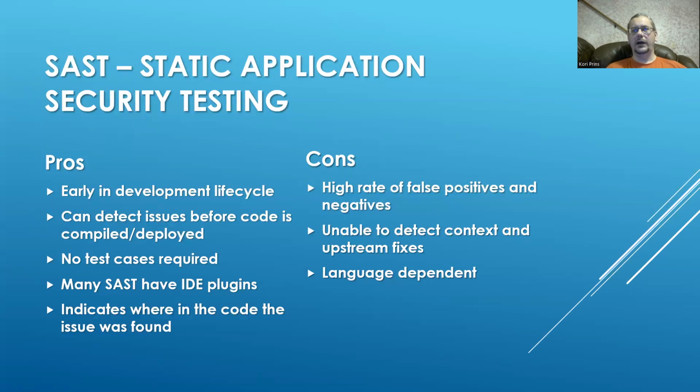It's still relatively high, usually about 30 to 50%. But you can usually mark the issue as not an issue, move on from it, or verify that it is an issue perhaps in later testing.